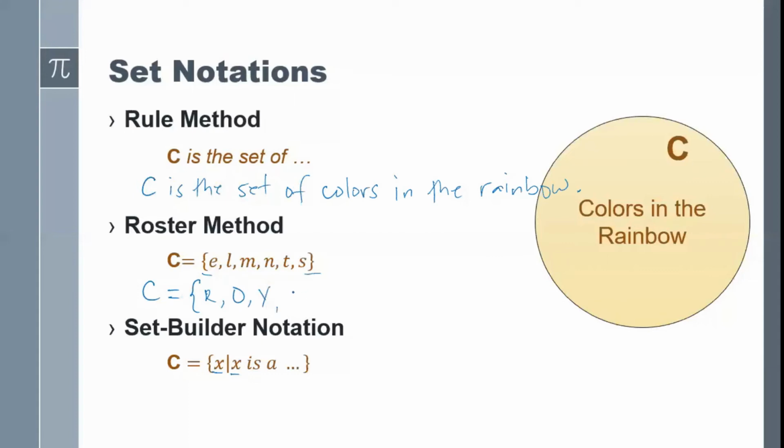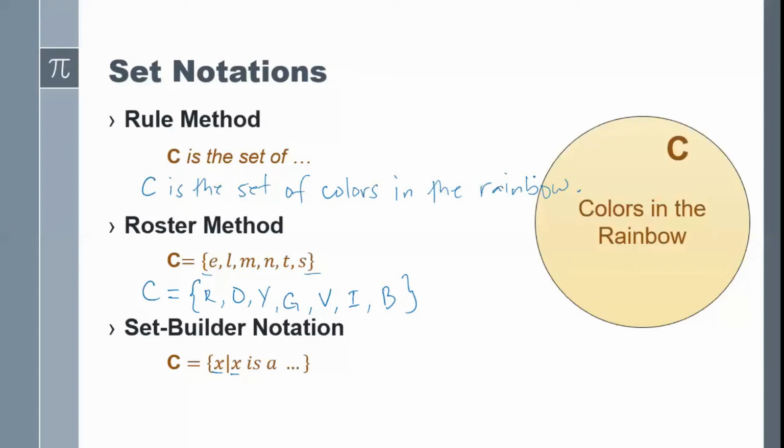We also have green, blue, indigo, and violet. These are the 7 colors you can see in the rainbow. You're just going to list down the elements.